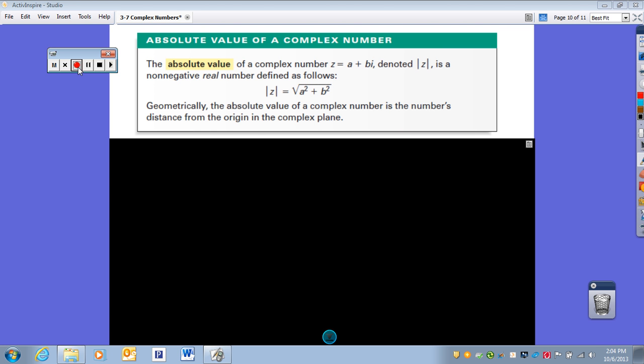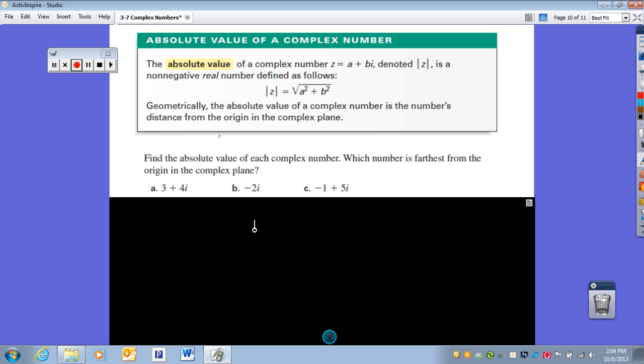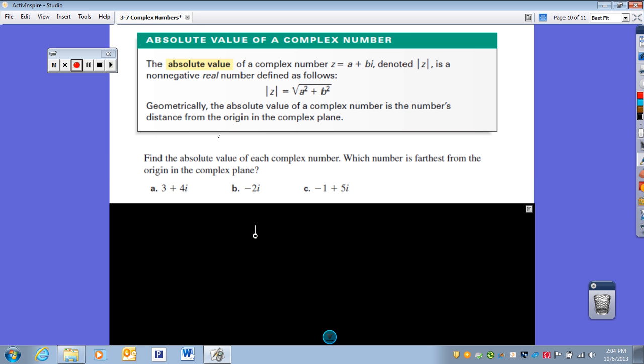So let's take a look at a couple of examples. So we want to find the absolute value of each. So let's start with letter A. So what we're going to do to find the absolute value of 3 plus 4i is we're actually going to take a squared plus b squared, and then we are going to take the square root of that.